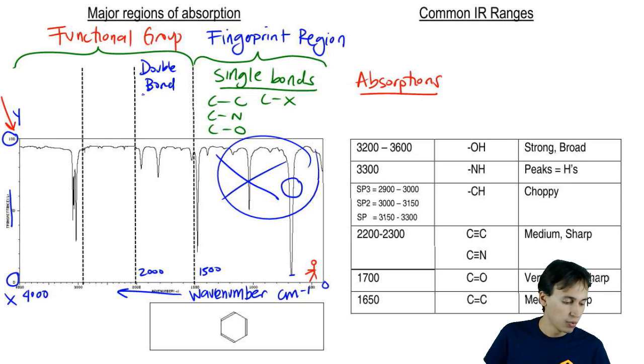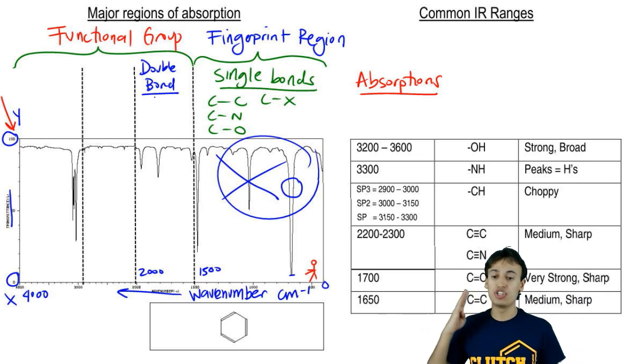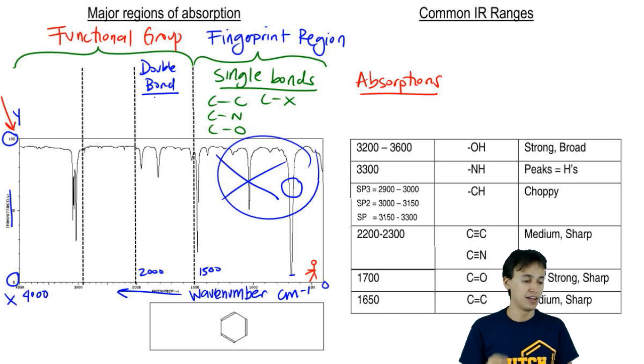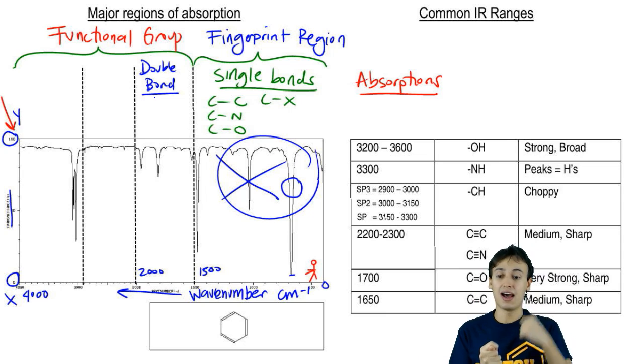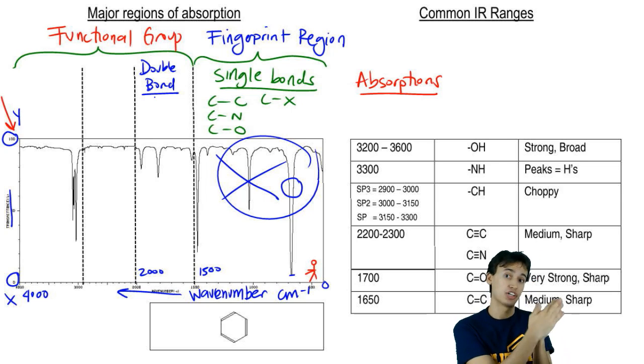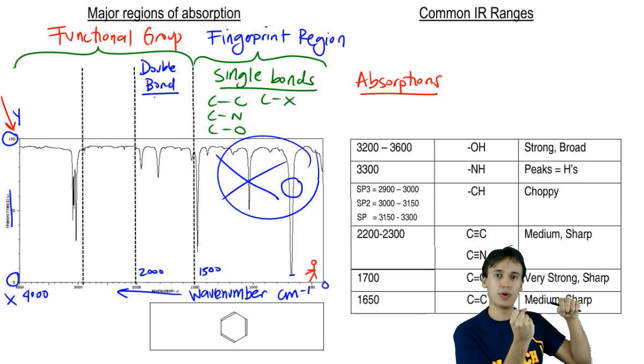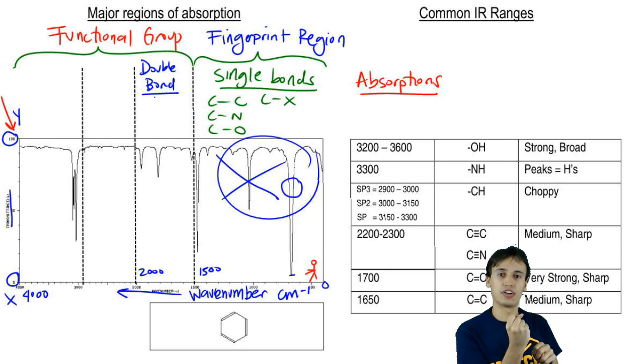Okay? Now, the idea behind the double bond region being at a higher wave number than the single bond region is that molecules are going to vibrate at higher frequency when the bonds are stronger, okay? If you imagine that this bond is kind of like a spring, when you have a really, really tight spring and you flick it really quick, or you just put your finger on it, it's going to vibrate really, really fast.